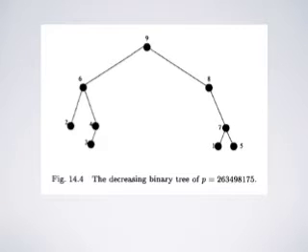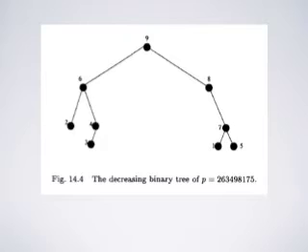Given T of P, we can easily recover P by reading T according to the tree traversal method called in-order. In other words, first we read the left subtree of T of P, then the root, and then the right subtree of T of P. We read the subtrees according to this very same rule.